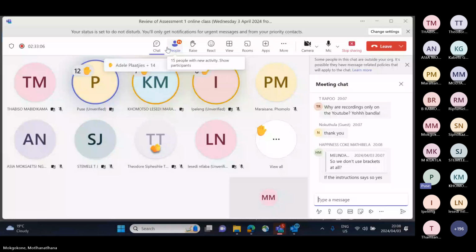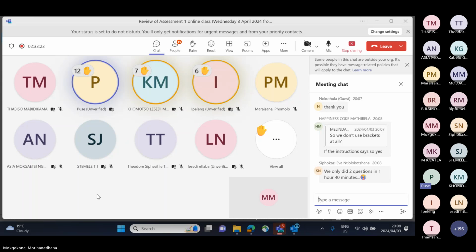Okay, I was asking in terms of the assignment, is it advisable to always put the brackets or the minus sign? Because the last time we did put the brackets, but still we were marked wrong. So I want to understand if it's advisable to put the minus sign or the brackets. But always you must first read the instruction.